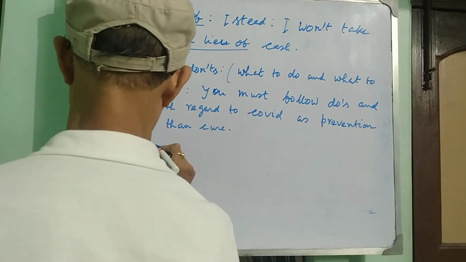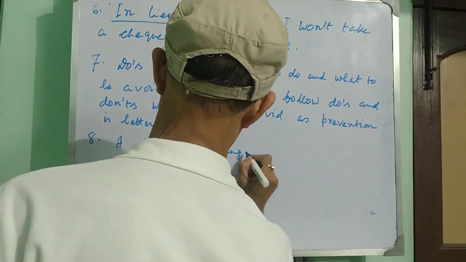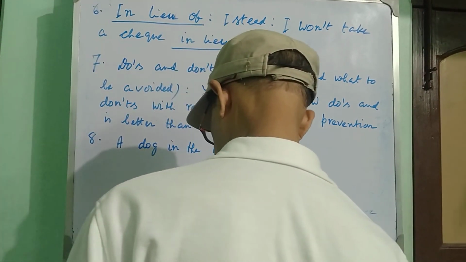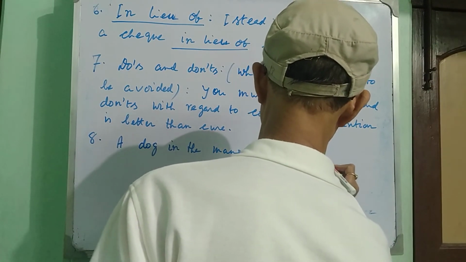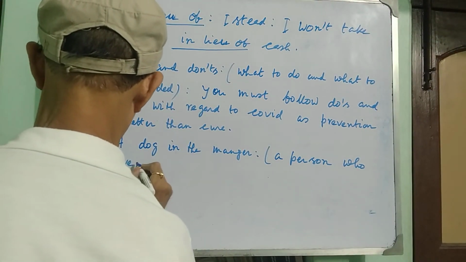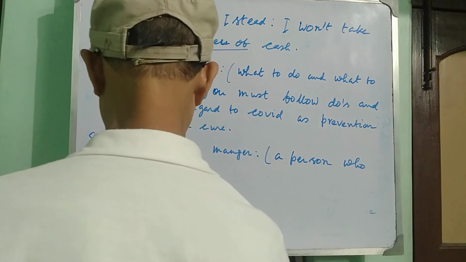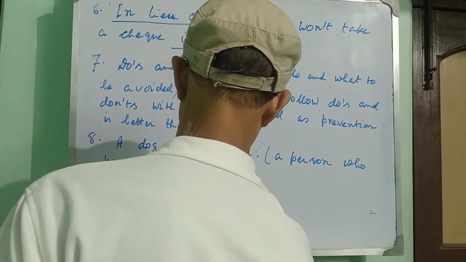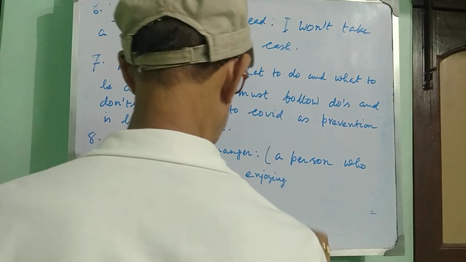A dog in the manger means a person who prevents others from enjoying anything.